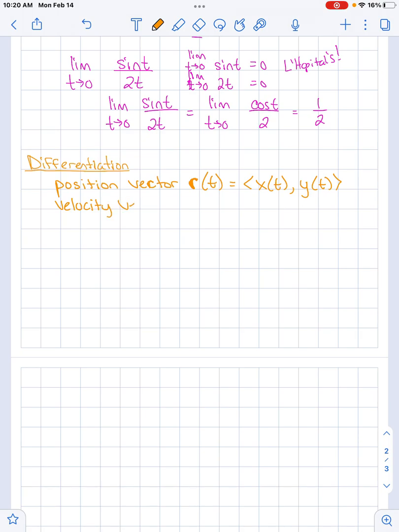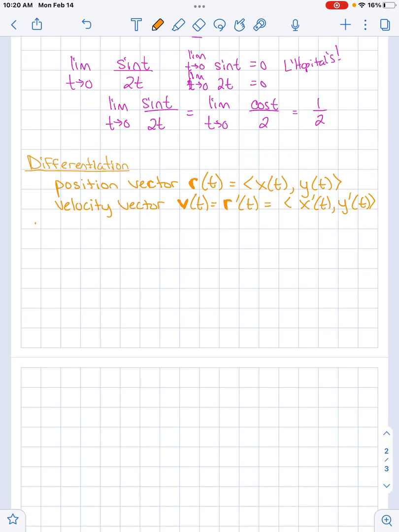So the velocity vector, v of t, is the derivative of r of t. And that's just x prime of t, y prime of t.